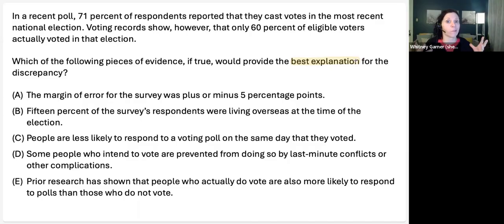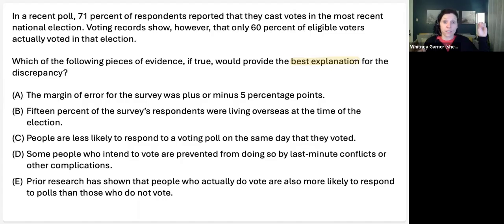I do want to take a moment to note that when they're giving me facts, they're giving me evidence, I want to pay really close attention to the language they use. I am a little bit of a lawyer here when we're trying to work on critical reasoning. In this poll, it's 71% of the people who responded to this poll. The 60% would be 60% of all people who were eligible to vote.